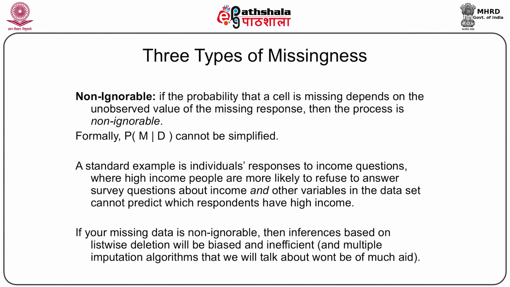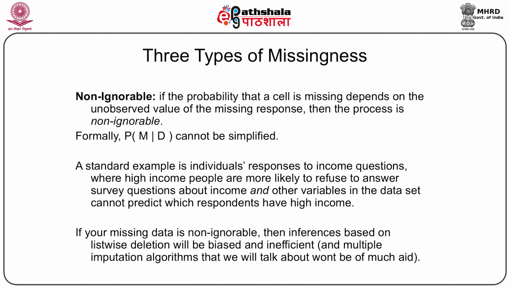The next is the non-ignorable missingness. If the probability that a cell is missing depends on the unobserved value of the missing response, then the process is non-ignorable. Formally, probability of M given D cannot be simplified.